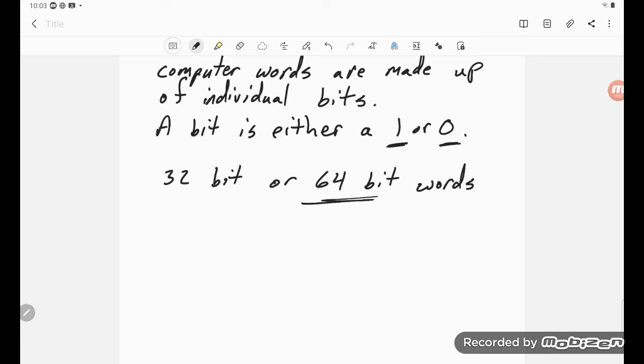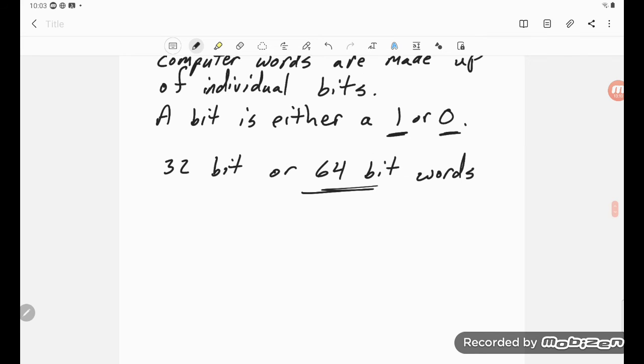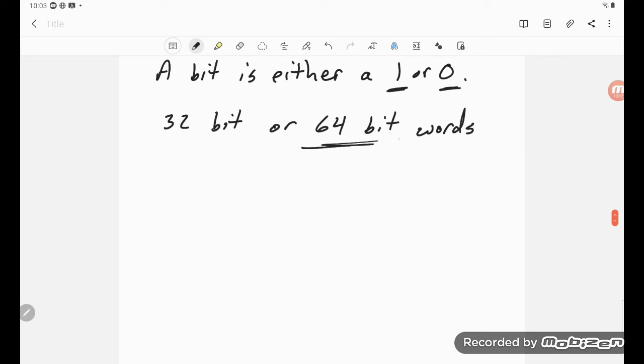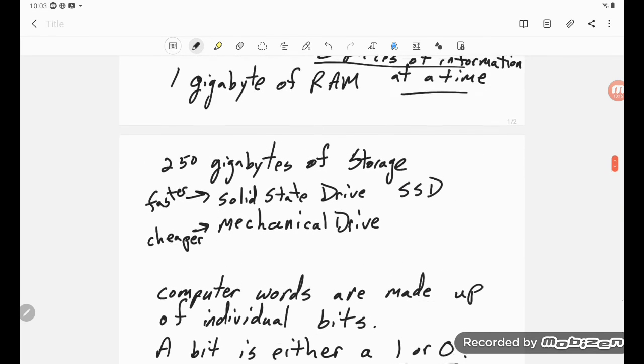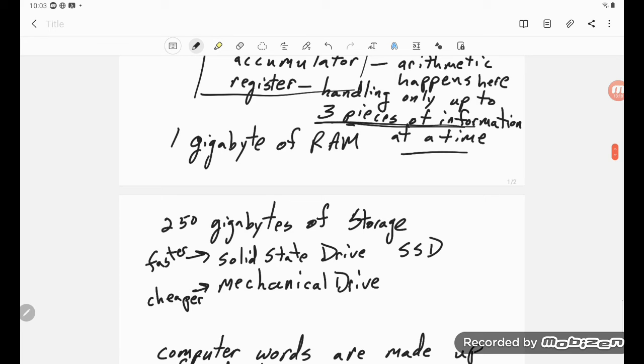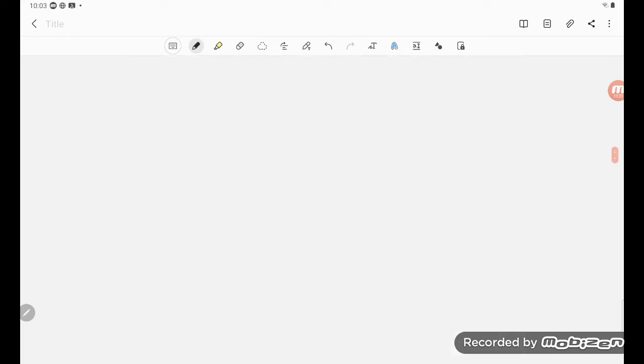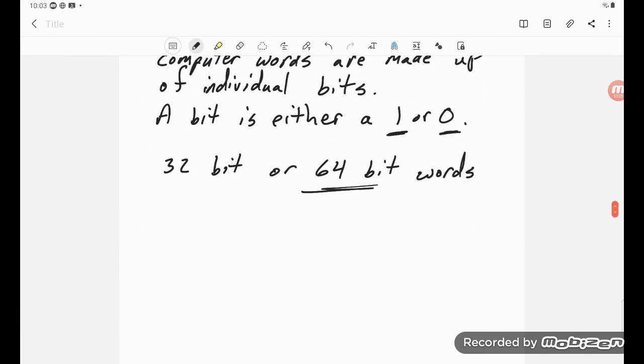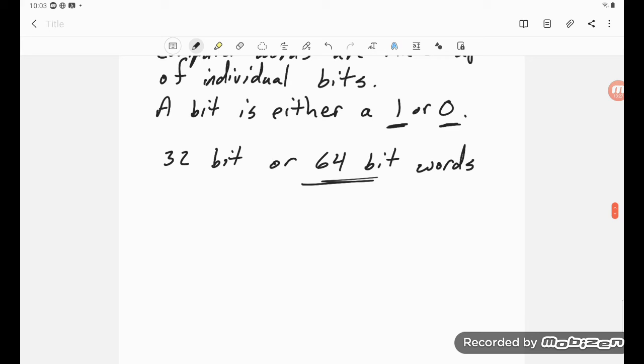Nowadays, you tend to see 64-bit. But again, the word is the basic piece of information here, right? And so if I think a given register can only handle up to about 3 pieces at a time, it definitely can handle 2.